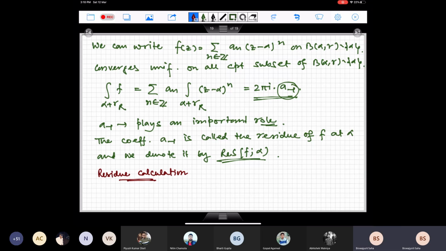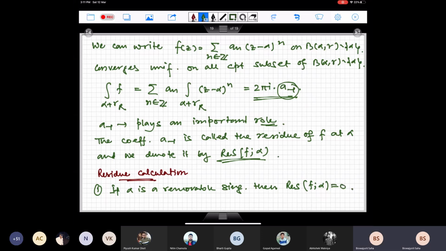So the first thing, like I have already mentioned, if alpha is a removable singularity, then what is the residue? Tell me. 0.